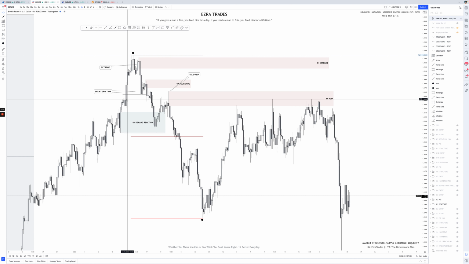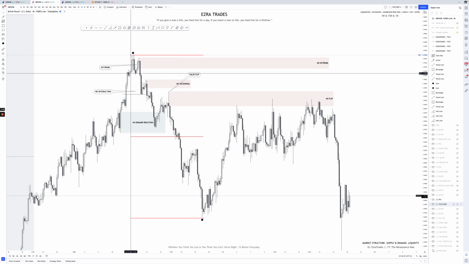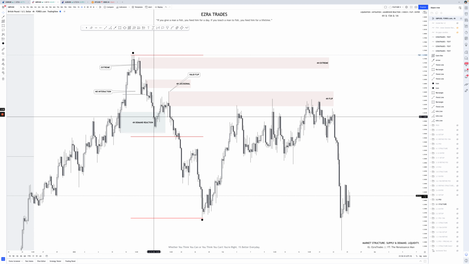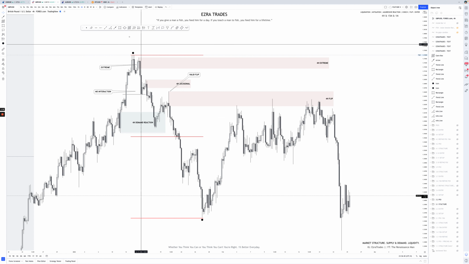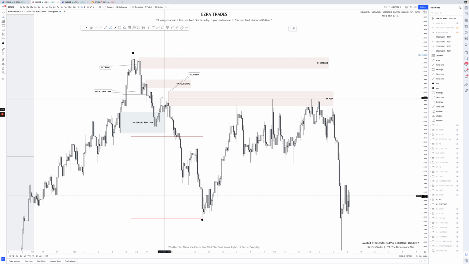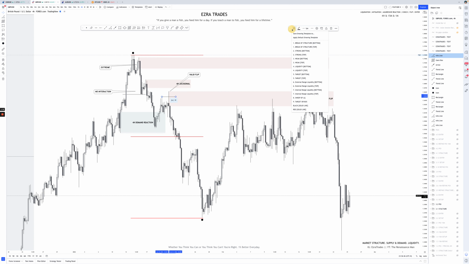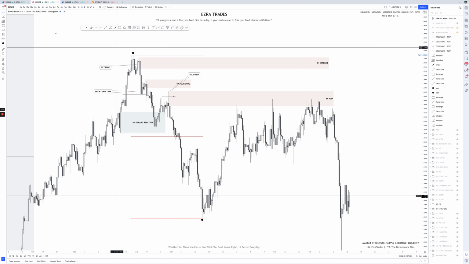This was another 4-hour demand that broke structure to the upside. This was another 4-hour that broke structure to the upside. But this one's the only one that actually had some interaction and some break, right? Tap, formed an extreme, swept some liquidity. So here, let's label the area that got swept, sweep, right? What does that look like?